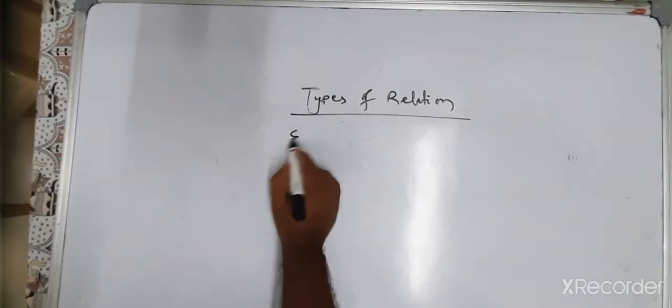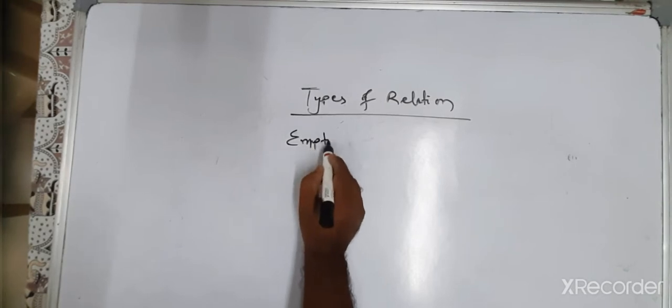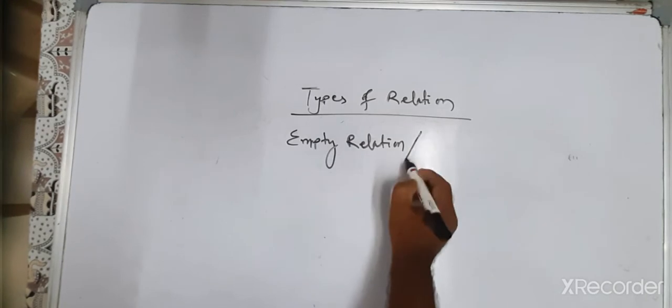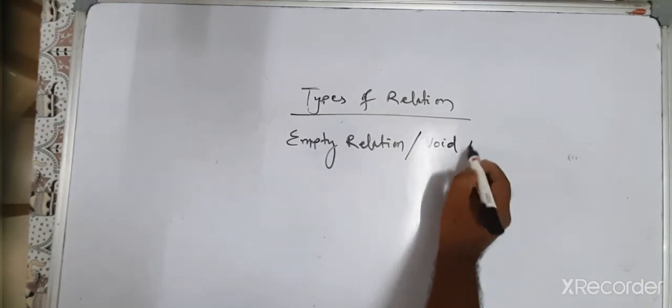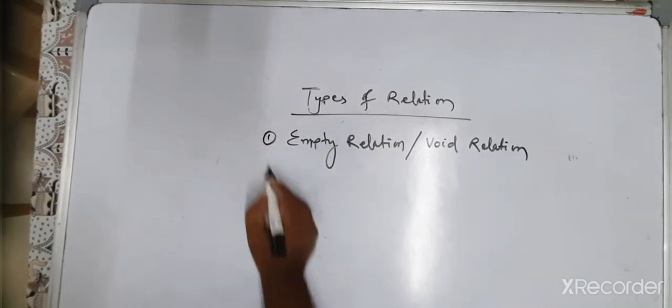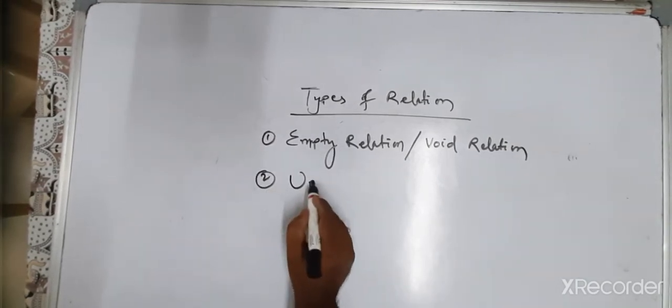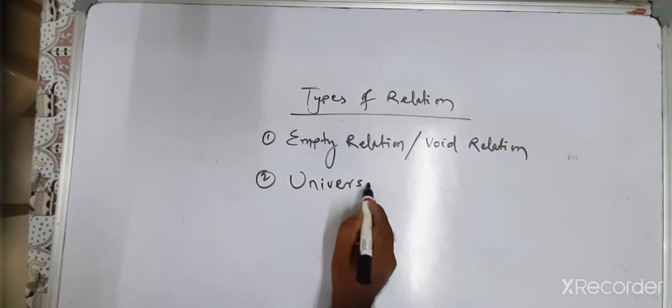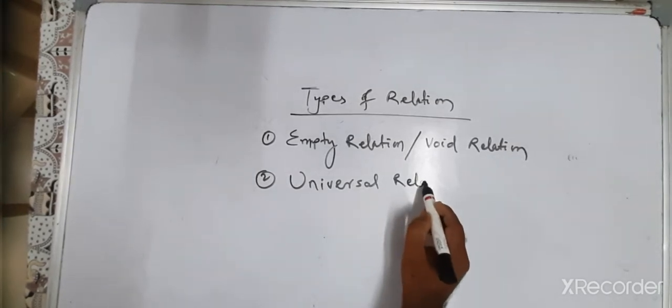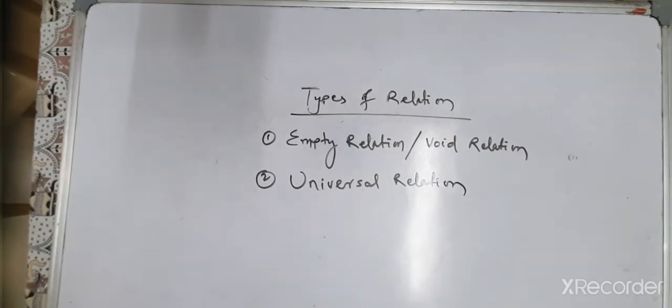One is the empty relation, or you may say void relation. Two, universal relation.